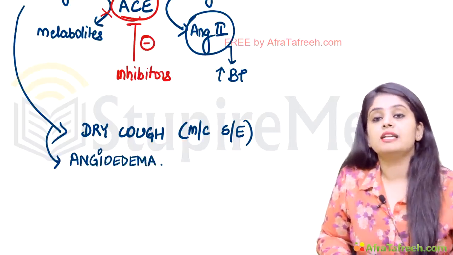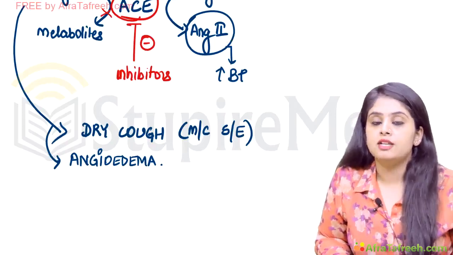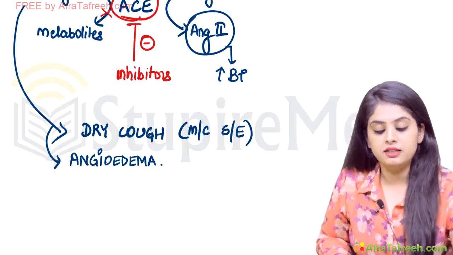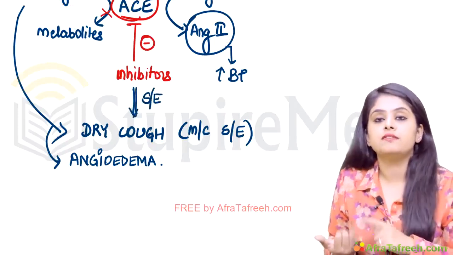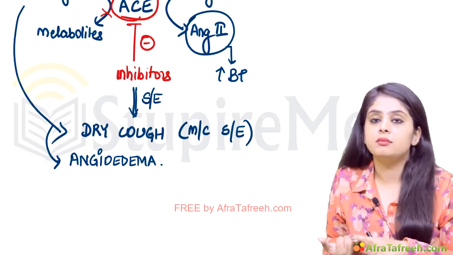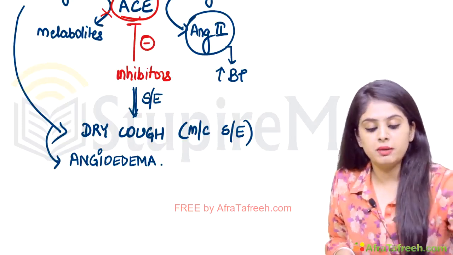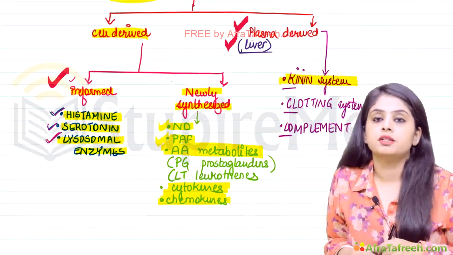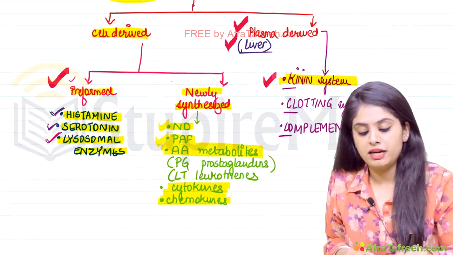So students, when bradykinin levels increase, patient can suffer from dry cough, angioedema. Indirectly, I can say the side effects of ACE inhibitors will be dry cough and angioedema, and that is happening because of bradykinin. So this, students, was about the kinin system. Particularly in the kinin system, we are referring to bradykinin.